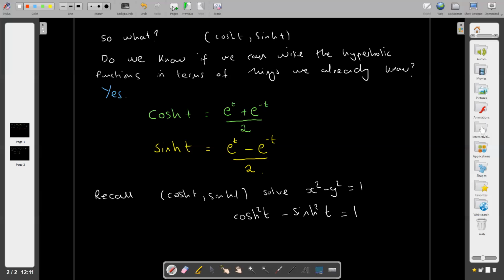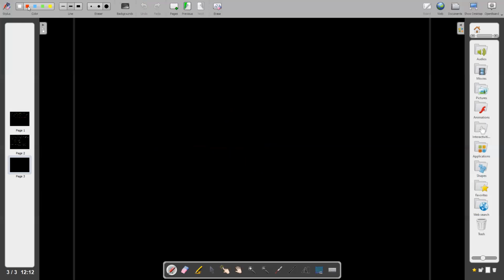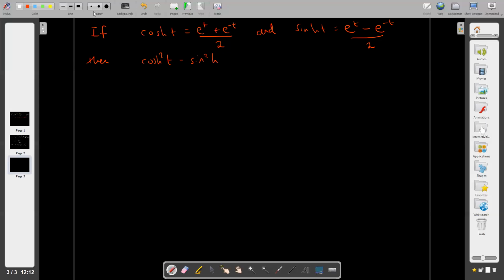So I'm going to take a new page to do that. We're going to show that if we've got cosh t equals e to the t plus e to the minus t, all divided by 2, and we've got sinh t, which is e to the t minus e to the minus t over 2, then we're going to have cosh squared t minus sinh squared t equals 1.